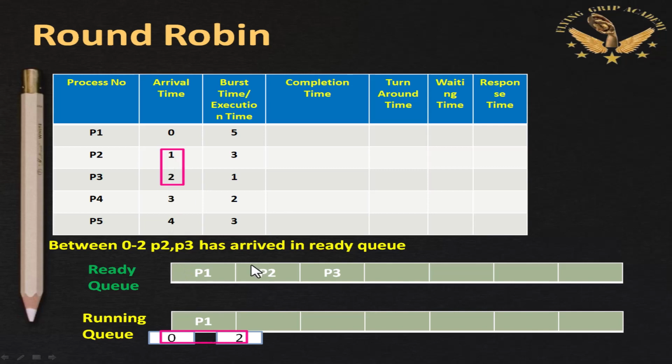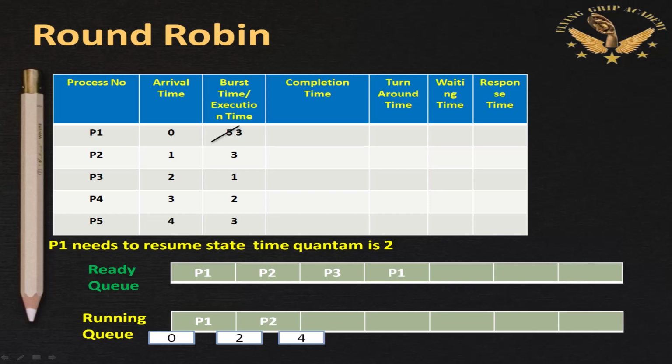So now later we are going to put P1 into the queue. Because first we put the process which has arrived into the ready queue, and later on, the process to be resumed next goes into the running queue. So likewise we are going to execute one time quantum for each and every process. So now P1 needs to resume its state, its time quantum is 2. So now the 3 is the remaining time.